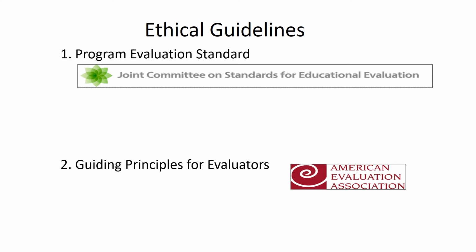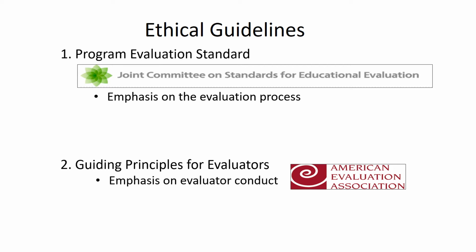Both are consistent in nature, with the program evaluation standards placing emphasis on the evaluation itself and what needs to be accounted for in the process, while the guiding principles focus on the behavior of the evaluator. The program evaluation standards are categorized into 5 distinguishing areas of importance when conducting an evaluation. These are 1.